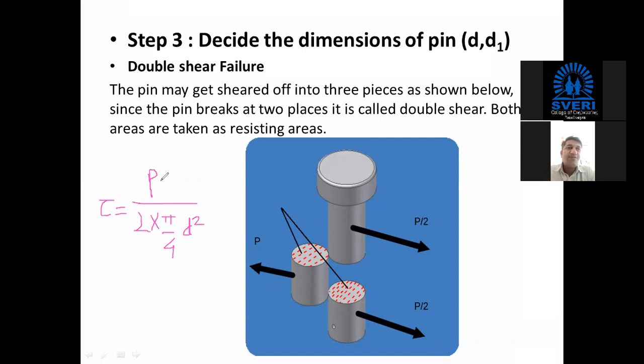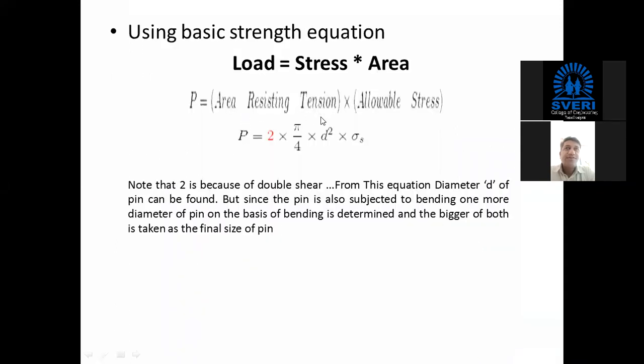You can change this formula for P by taking this area to the opposite side. So P will become equal to 2 times pi by 4 small d square multiplied by tau. Is it clear? So the resisting area is 2 times pi by 4 d square, into the shear stress.